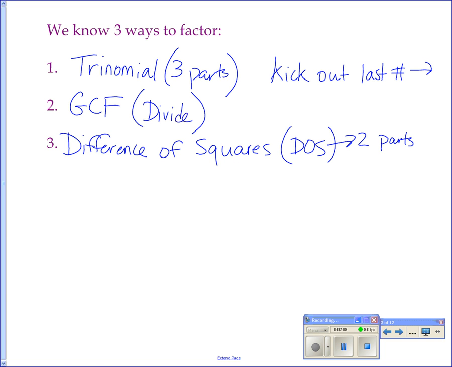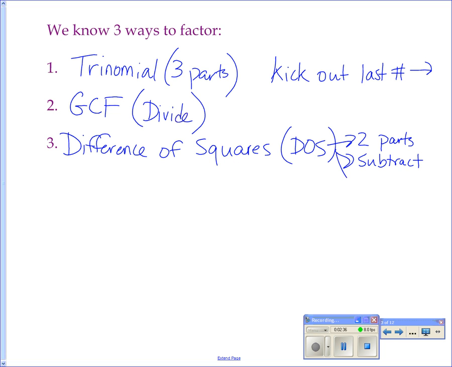What does difference mean it will also have? It will always have a subtraction sign. Good. And the squares, what does that come from? What do I mean by squares? It's the perfect square.